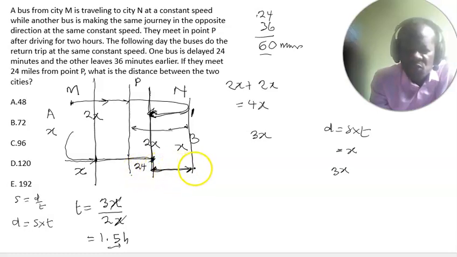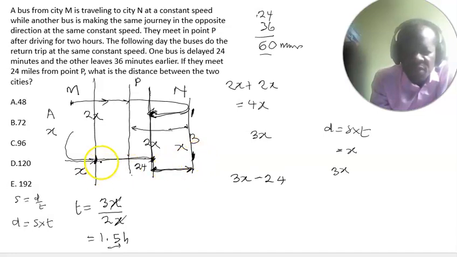Now, from this point to this point will be a distance of 3x minus 24.